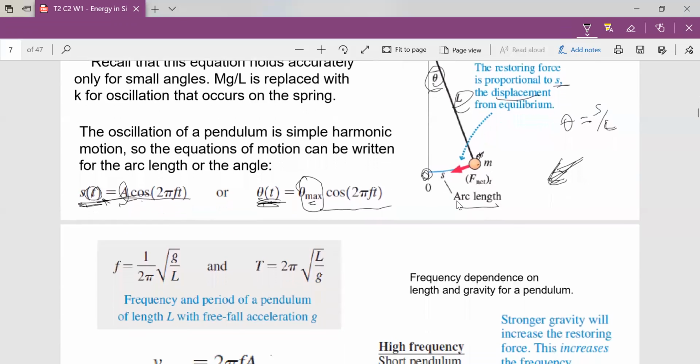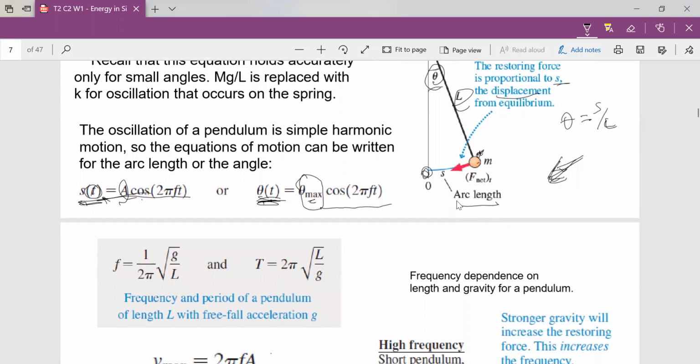We already have our frequency for simple harmonic motion established with k and m. But for the frequency and displacement of a pendulum with length L, we use a different expression.